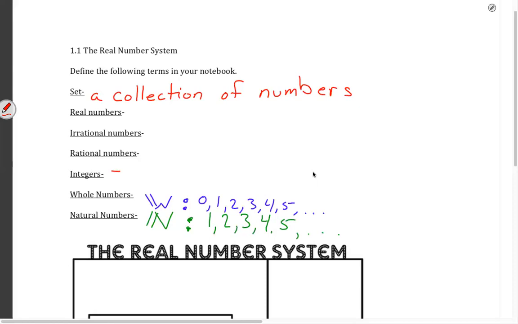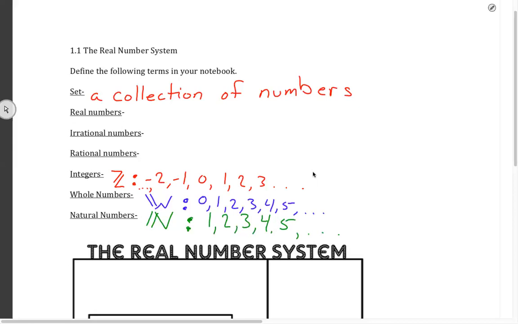That's the fancy Z. Integers are like -2, -1, 0, 1, 2, 3. They go on forever in both directions. They're positive and negative. So I can add and subtract on these, no problem.